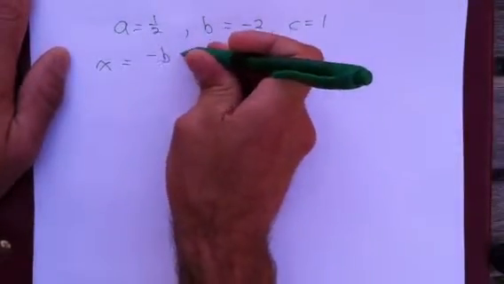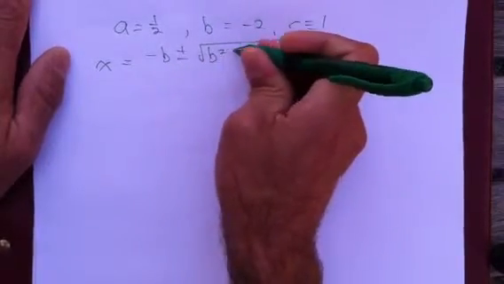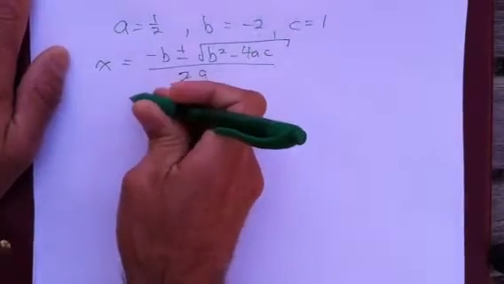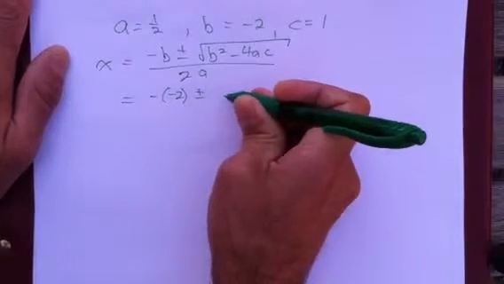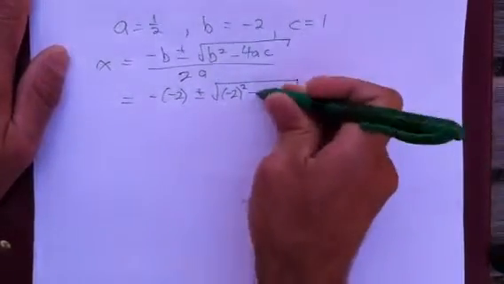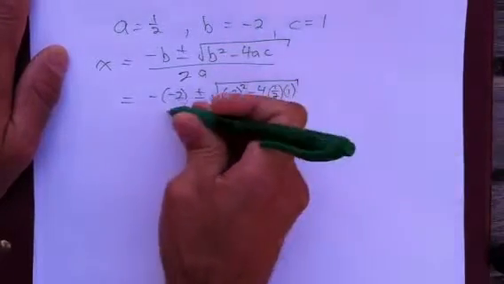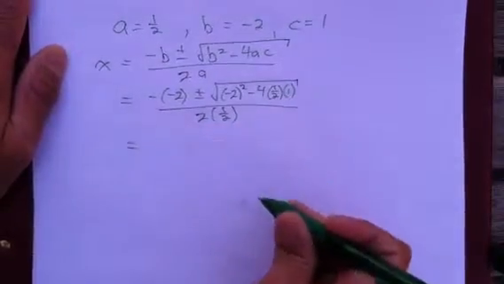We need to plug in to this. So carefully doing that, I get the opposite of negative 2 plus or minus the square root of negative 2 squared minus 4 times 1/2 times 1, all over 2 times 1/2. And then clean it up carefully.